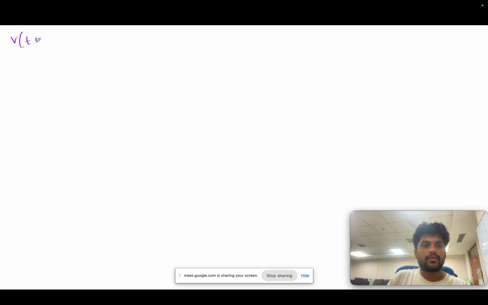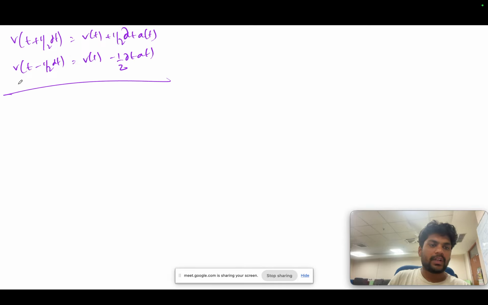So V of t plus half dt equals V of t minus half dt a of t. We will do the minus, because we don't know the t minus, right? We want to find out t plus delta t.